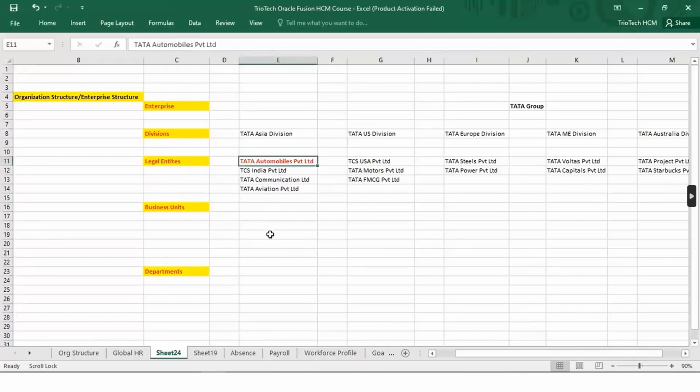Tata Automobiles Private Limited is one of my client's legal entities. Now, take any company, if you are working in any organization currently also, if you see their organization structure, under that company, for their ease of doing business, in order to conduct the operations more flexibly or conveniently, organizations or companies will bifurcate into sub units. Tata Automobiles Private Limited is in India. My client has this company in India.